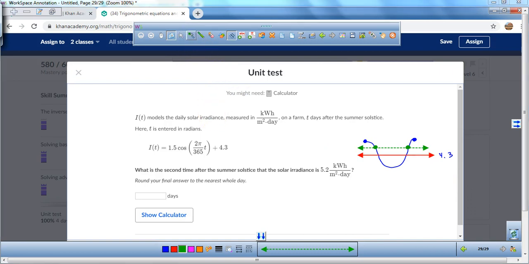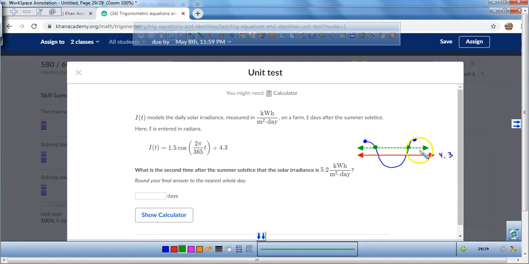Because our amplitude is 1.5, if we go up 1.5 from the midline, our highest point would be 5.8. So our highest point is going to be all the way up here at 5.8.